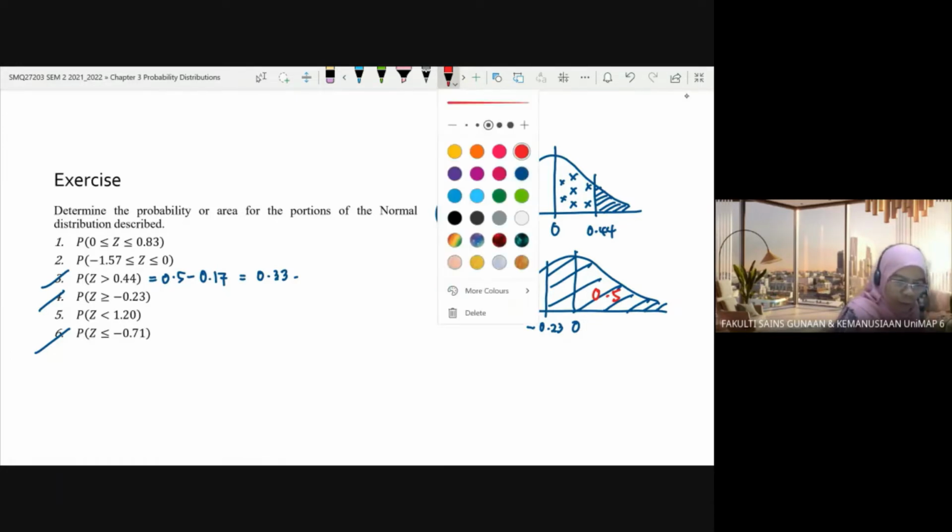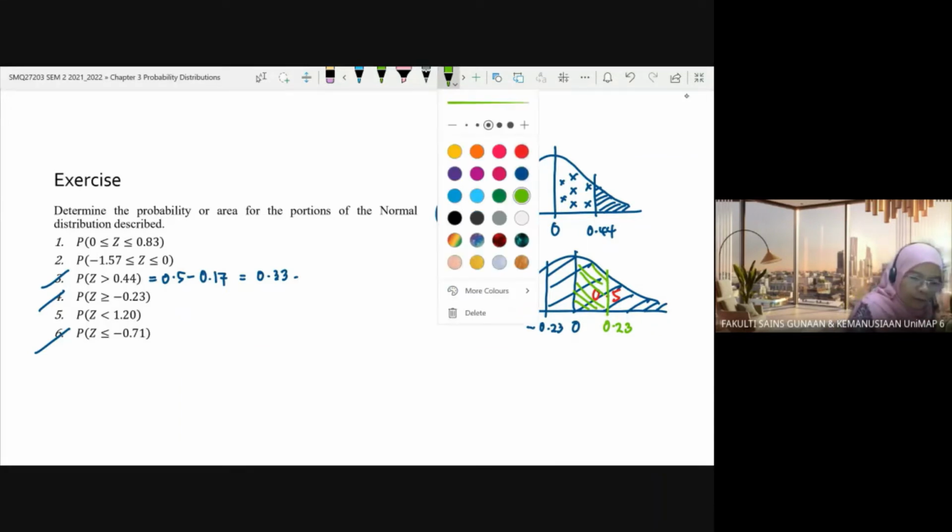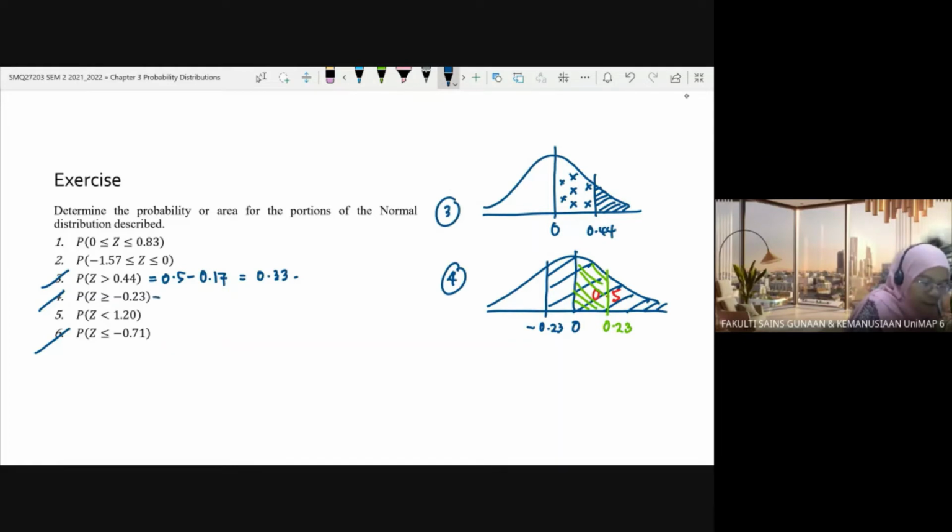So you need to add the region for 0.23 where you have this particular probability value. So for this equation, you will have 0.5 plus P(0 < Z < 0.23).